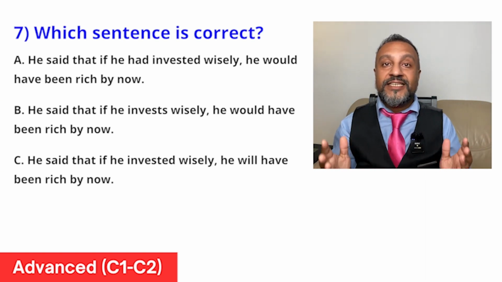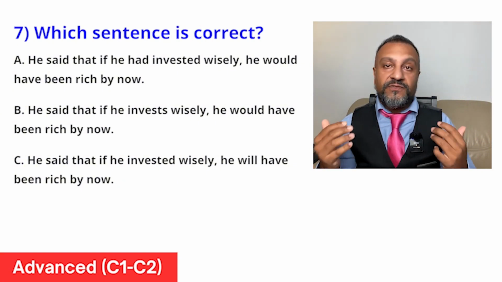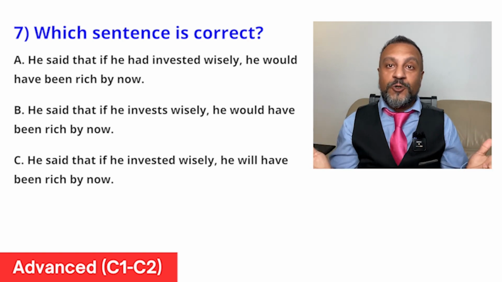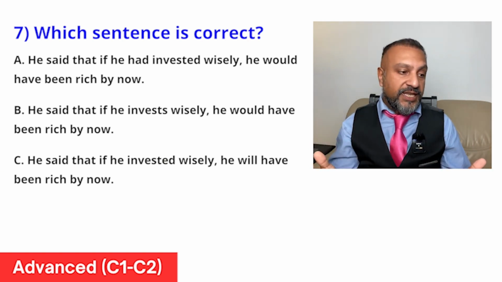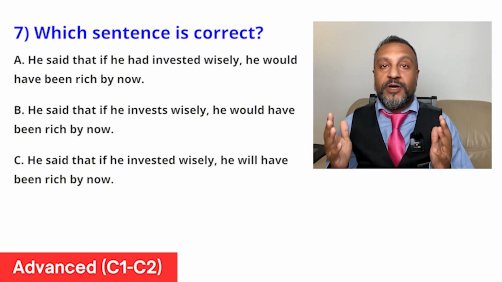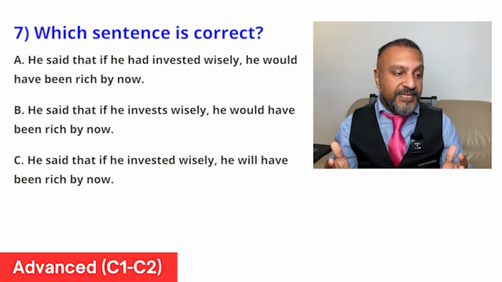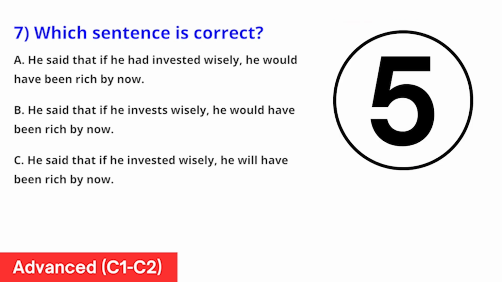Which sentence is correct? He said that if he had invested wisely, he would have been rich by now. He said that if he invests wisely, he would have been rich by now. He said that if he invested wisely, he will have been rich by now.